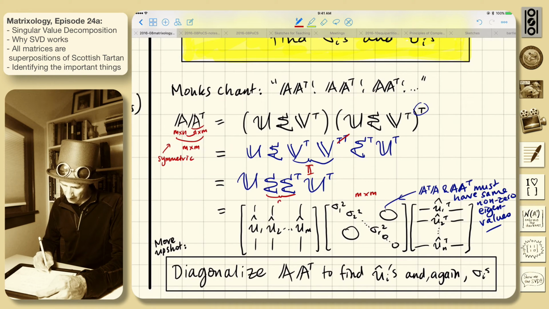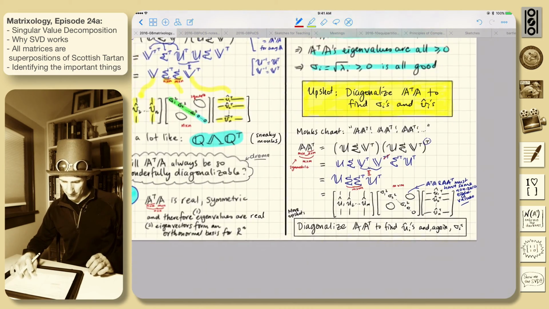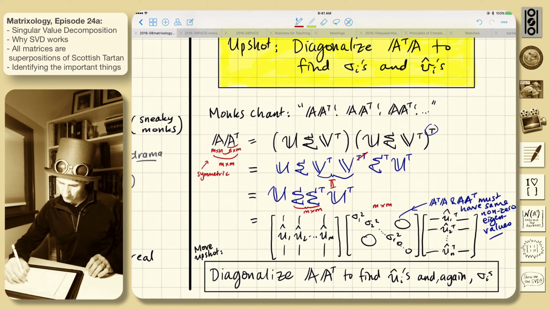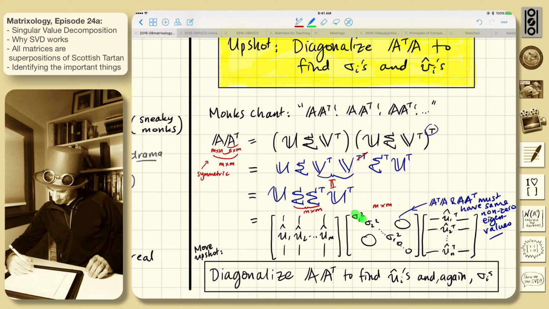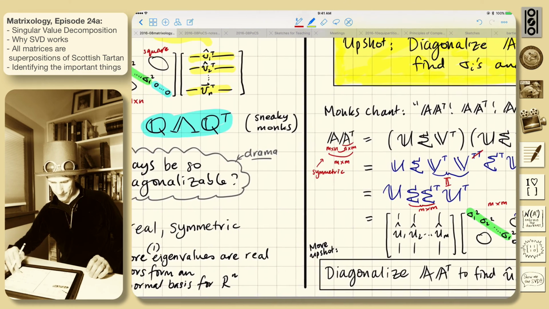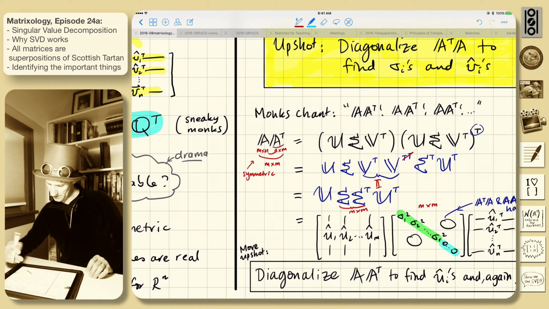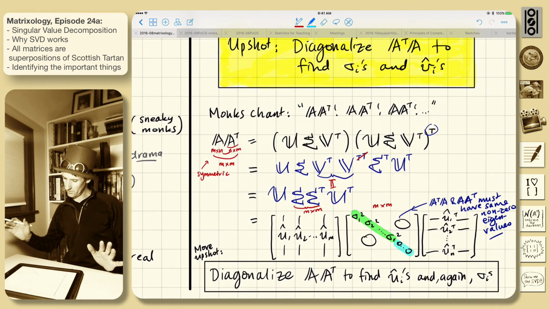Right, this whole thing here is M by M. It will still have non-zero sigmas along here, and then some zeros here, but everything else looks the same.